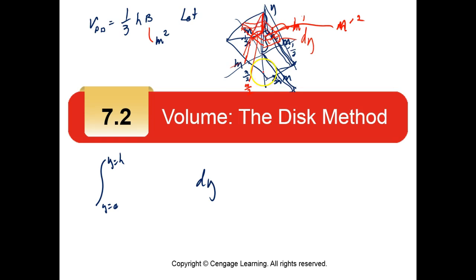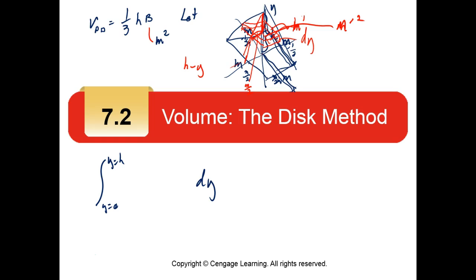This right here is h minus y, right? H is the total height, and y is the value you've gone up from the base to here. So there's your variable y is this height, and this is your m prime over 2.